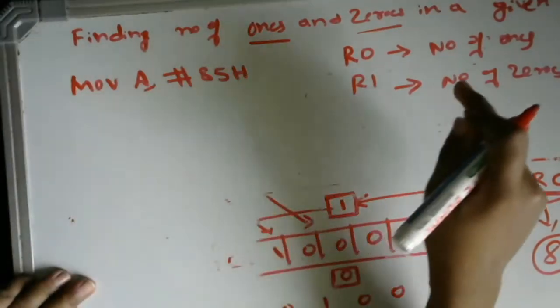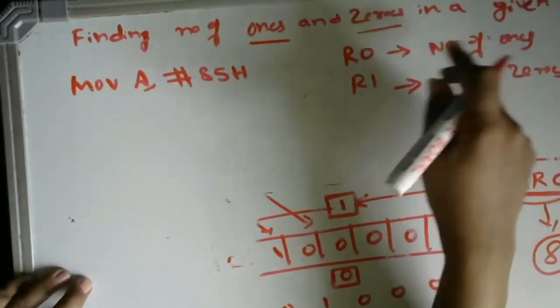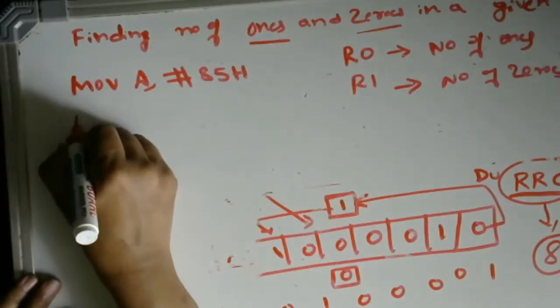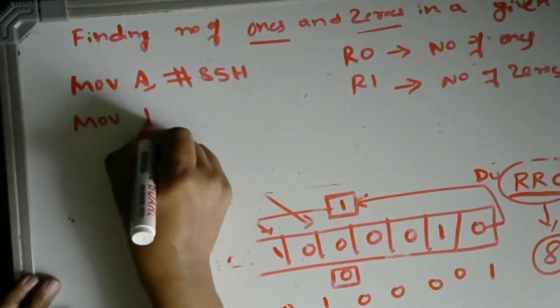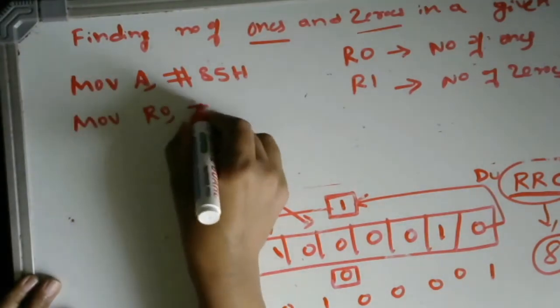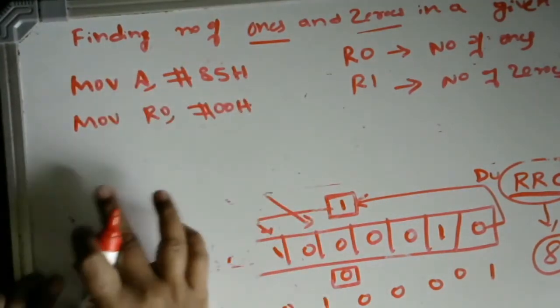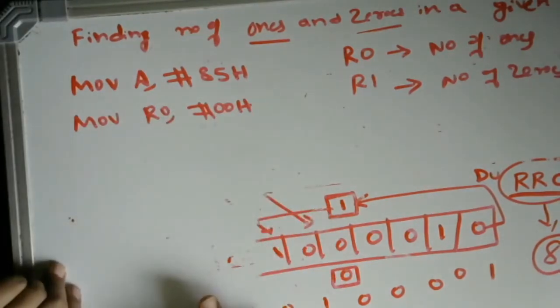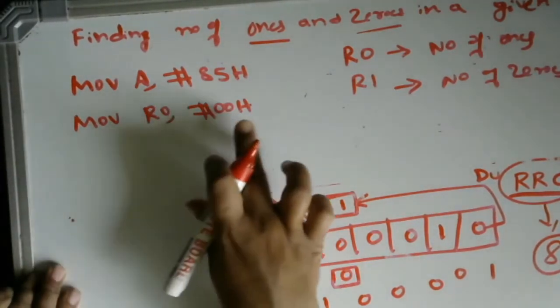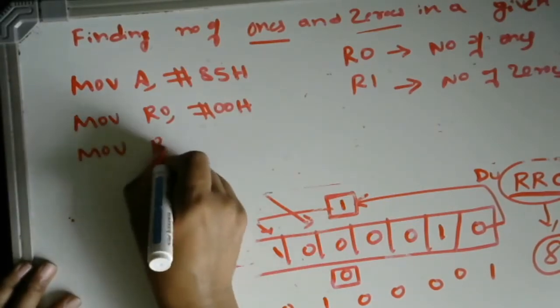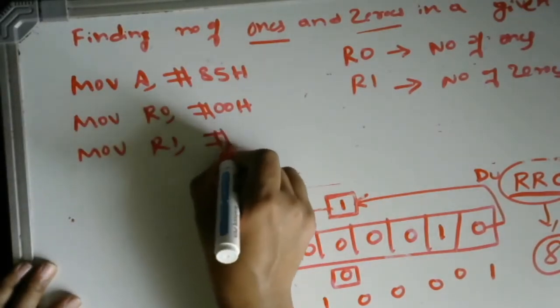Now I am assuming that I am going to store ones in R0 and zeros in R1. So I will initialize them: MOV R0, #00H. To avoid garbage values, we are initializing R0 with 00H and R1 with 00H.